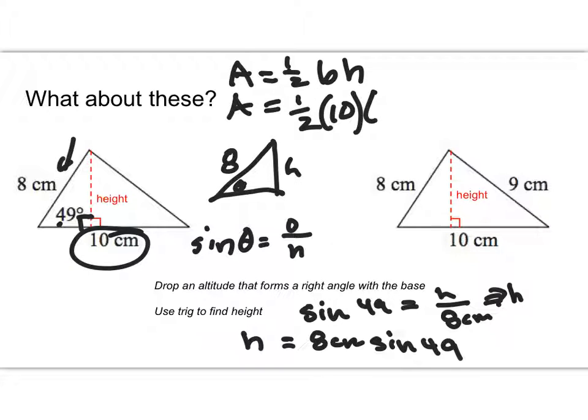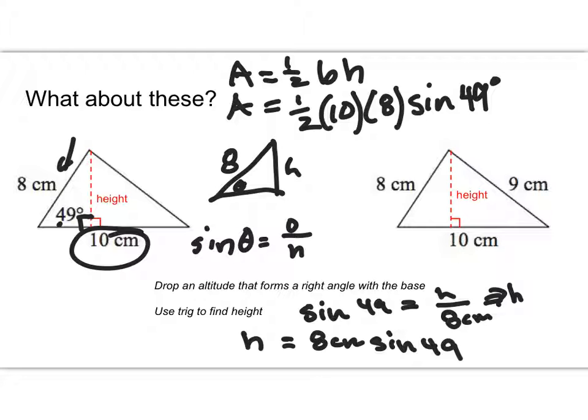And I'm not going to find the value of h before I calculate this, because trig ratios are really sensitive to rounding, and I don't want to get a rounding error. So I'm going to put this in my calculator all in one step.